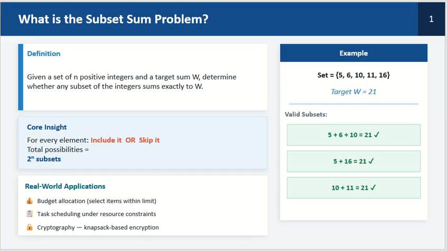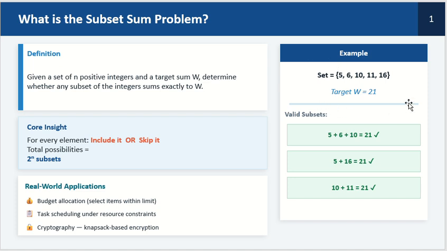So let's learn what is the subset sum problem. The problem is: given a set of numbers and a target value, say W, we need to check if any subset adds up to the target. Here is a simple example.